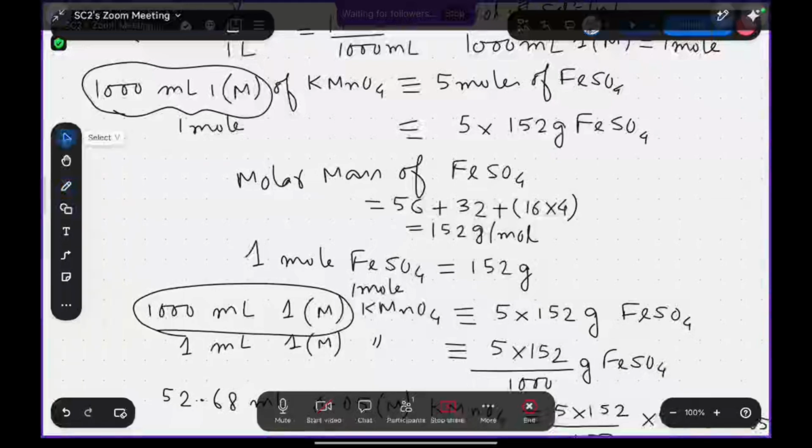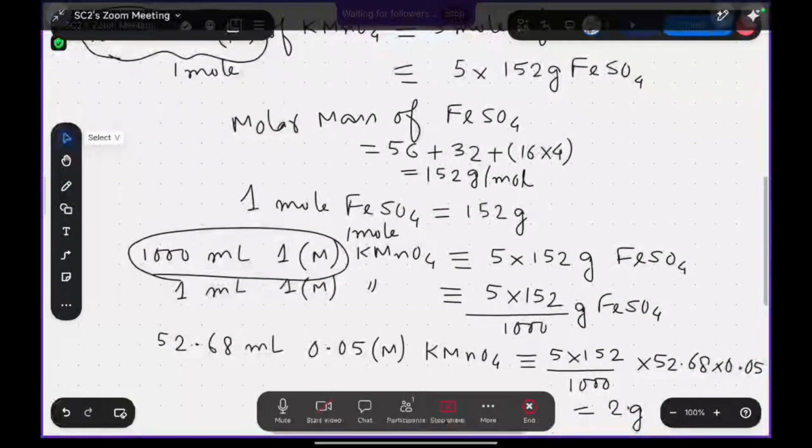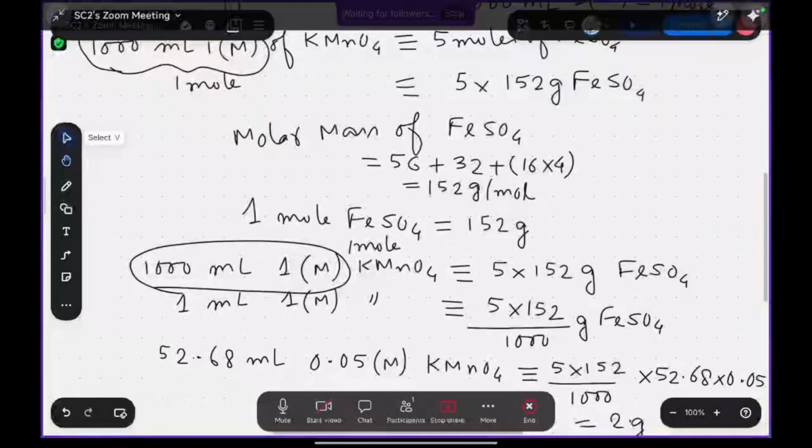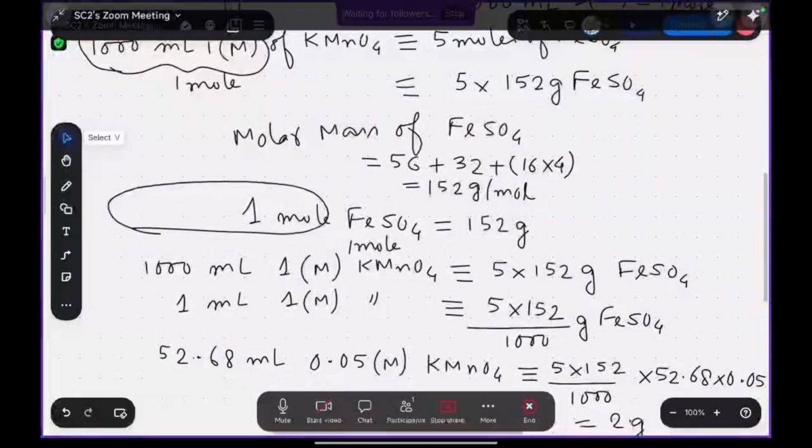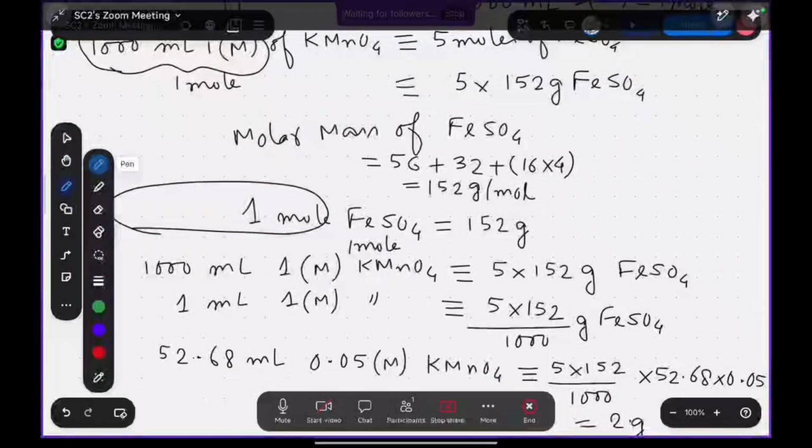If 1 milliliter is given, just use the unitary method and you will get the answer: 2 gram. That means your correct option is option C. Option C is the correct answer for the given question.